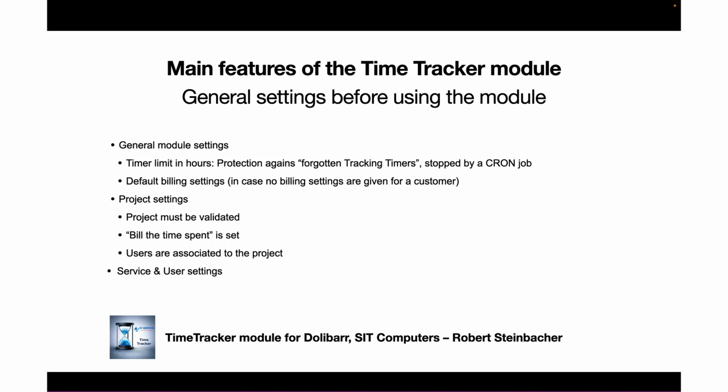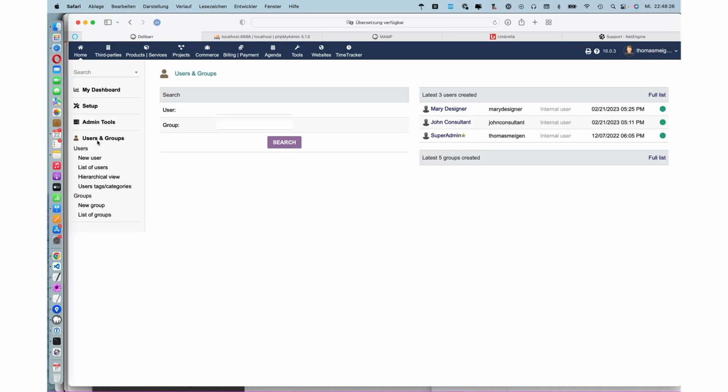The default service contains the price per hour, for example, and the tax rate. And if we know that a specific user spent 2 hours on a specific project and we create an invoice, then we use the default service for that user, and we know how much money can be associated with that invoice. Let's have a look at these settings.